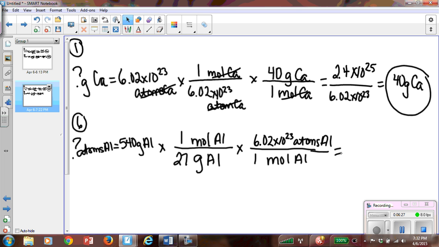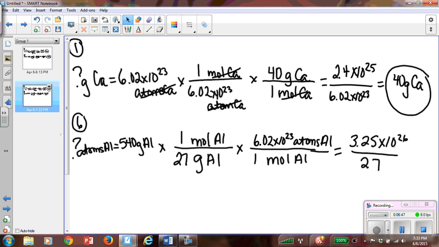Now I multiply the 540 times 1 times the 6.02 times 10 to the 23rd, and I get 3.25 times 10 to the 26th. Then 27 times 1 is 27.